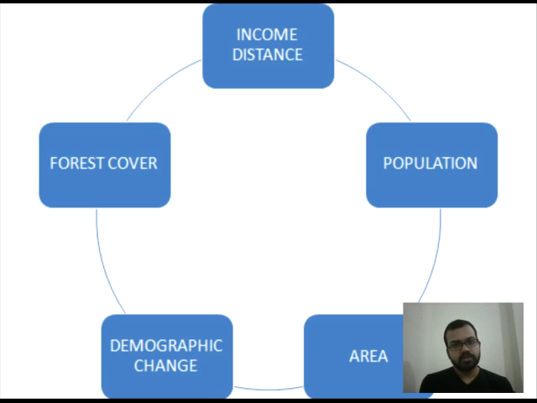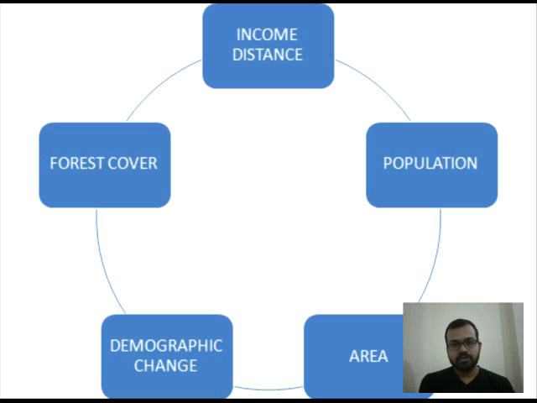The 14th Finance Commission gave 50% of the total weightage to income distance. It means there is a difference in inequalities between states of relatively higher income and relatively lower income. So how was the criterion calculated?